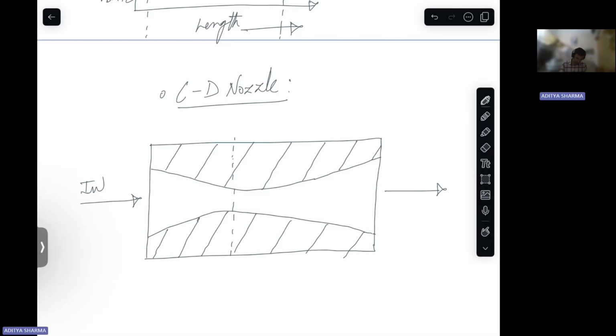So this is your inlet, this is your outlet, this is your throat.